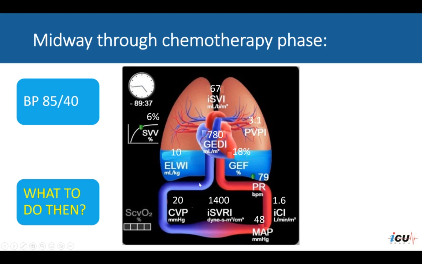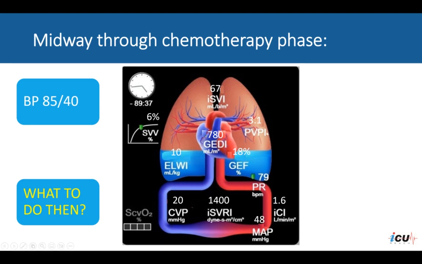At the same time, take a look at the systemic vascular resistance, it is 1400. It is decreased. However, extravascular lung water is 10. It's at the border. As I said, we accept anything less than 10. We don't have major problem with the lung water at this point.